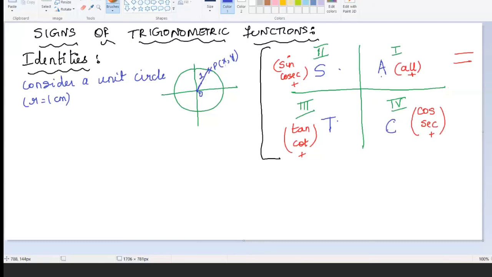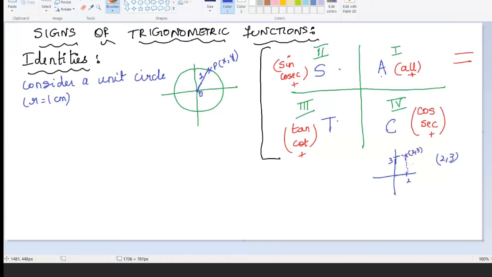Now suppose I have 2, 3 and I ask you to plot this 2, 3. That means we will search on the x-axis where is 2. Suppose this is 2, and from here we climb up like this and search in the y-axis where is 3, and then meet this, and this point we mark as 2, 3.